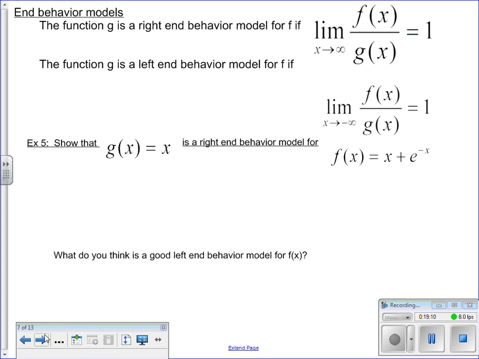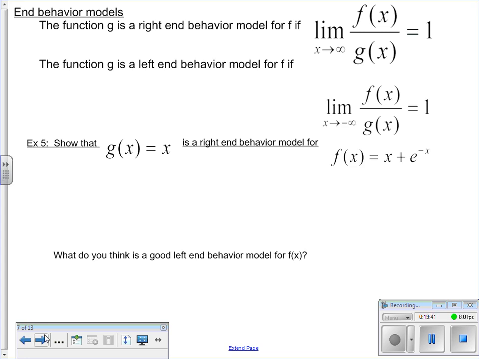So essentially, for very large values, do I get 1? Is the numerator and the denominator essentially the same for very large values? That is the definition of an end behavior model. What an end behavior model is basically saying is, when we put in very large values, what does that function essentially look like?